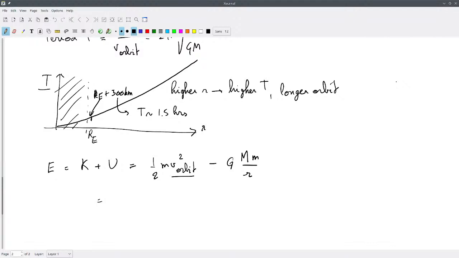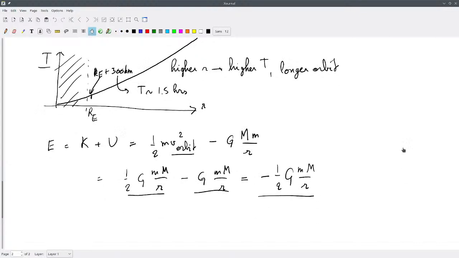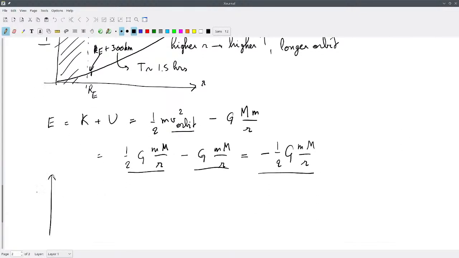If we take the square, we get GM over r, and what we find is 1/2 GMm over r minus GMm over r. So these two expressions look very similar, and they end up being minus 1/2 GMm over r.